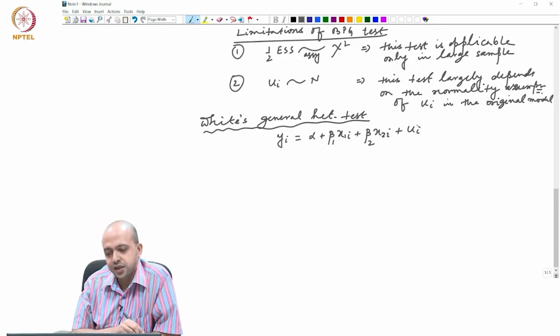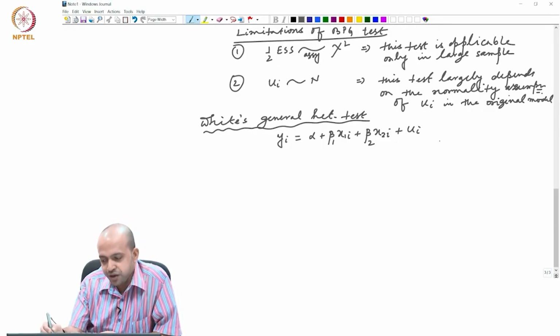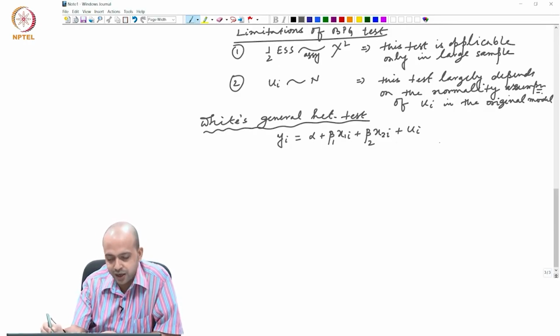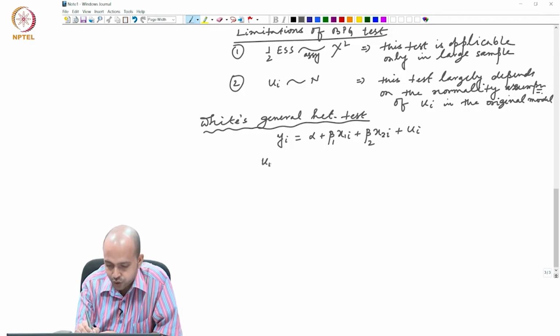The test is very simple. You estimate this model and then collect ui hat square.